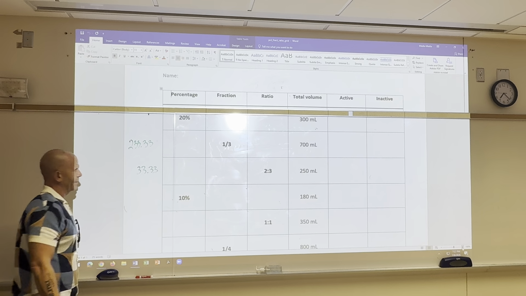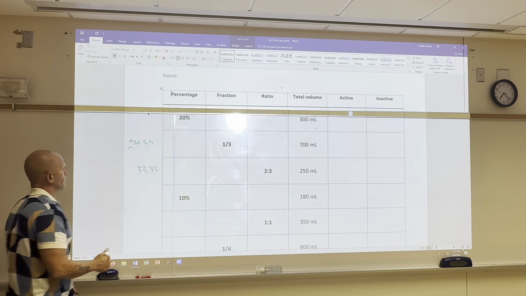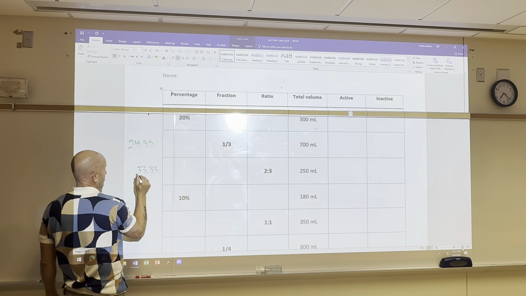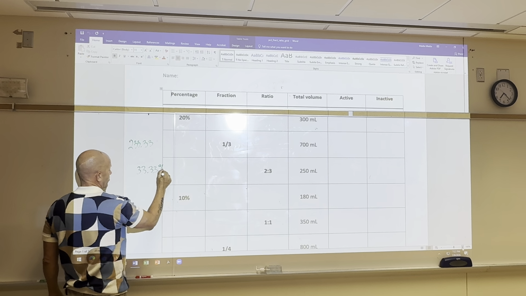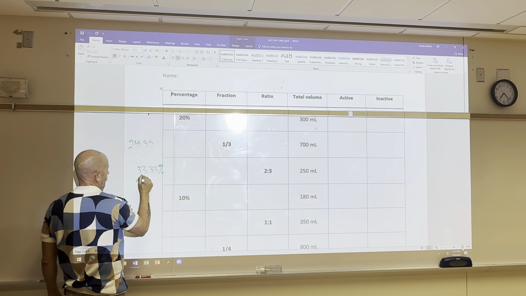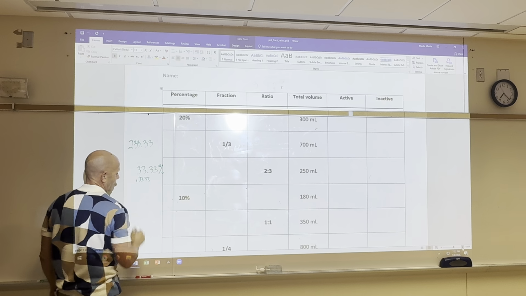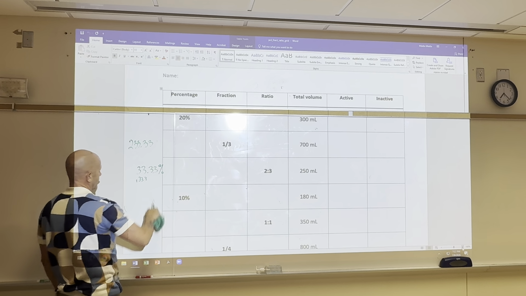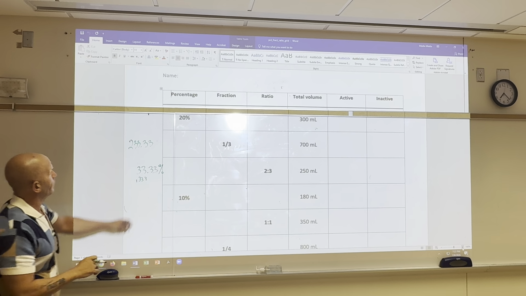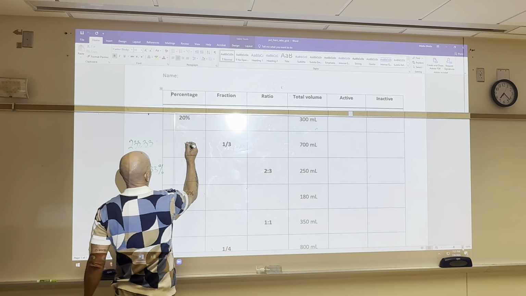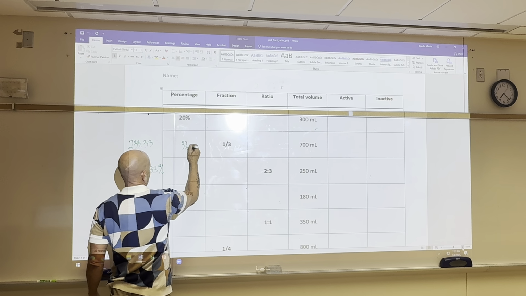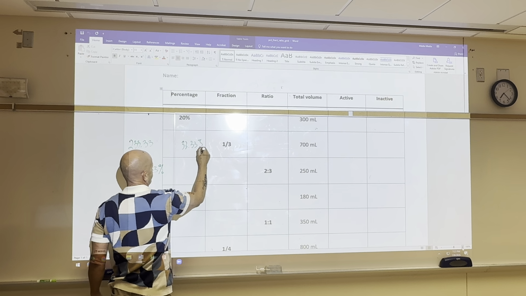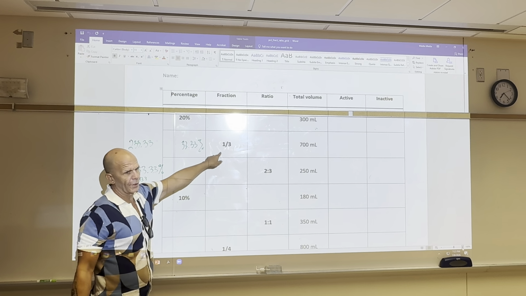Okay. 33.33, what does that give you? It's 33.33%, or 0.33333, okay? Or you want to put that extra 3 in there, okay? All right, so our percentage is 33.33%, or 1/3.